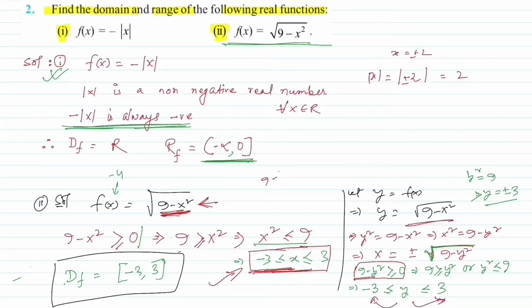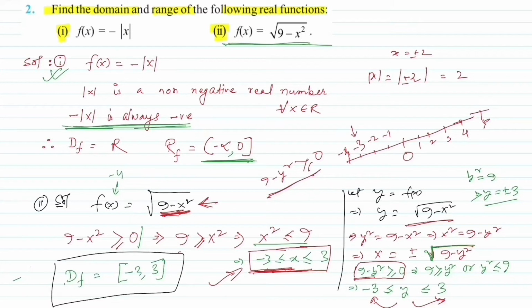Suppose on the number line this is 0, 1, 2, 3, 4, 5, and this is minus 1, minus 2, minus 3, minus 4.